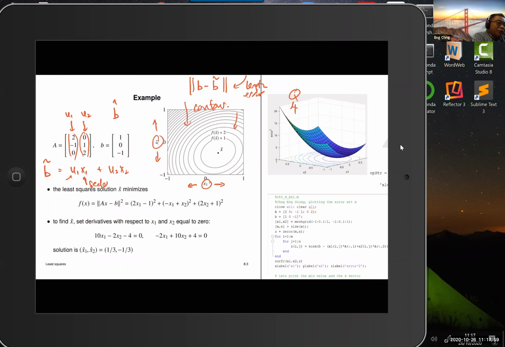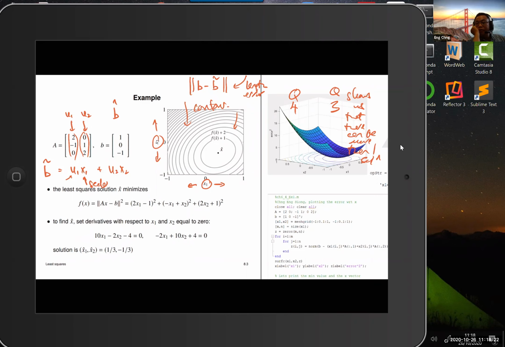But actually, question 3 shows us that there can be more than one solution. But even though there can be more than one solution, all these infinite solutions achieve the same error.